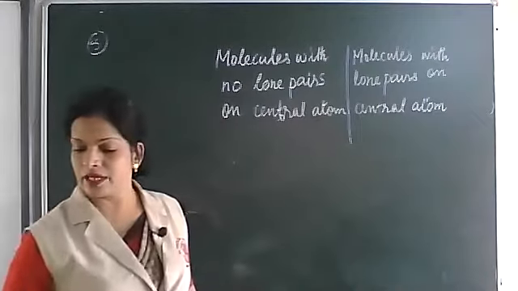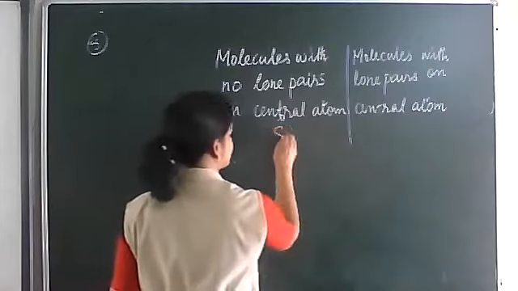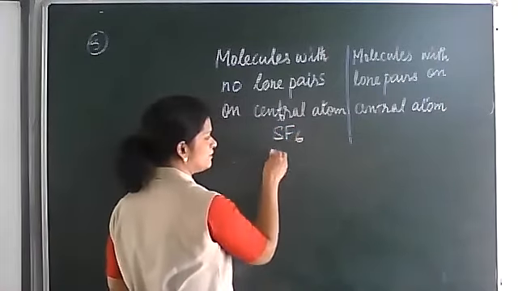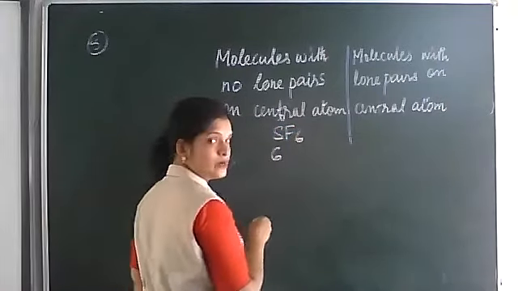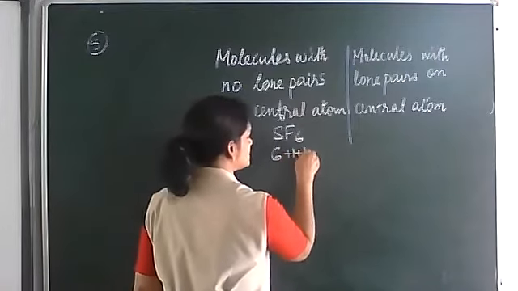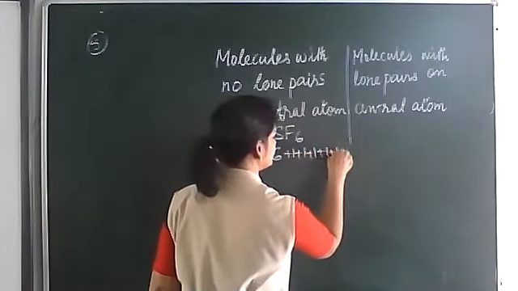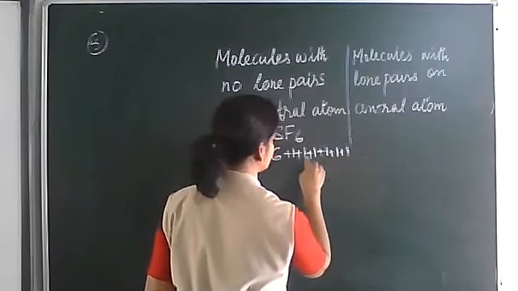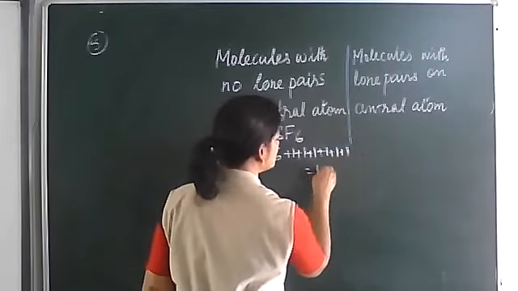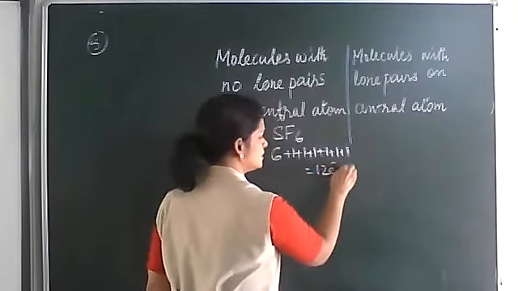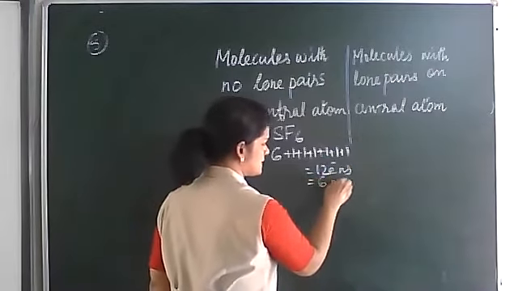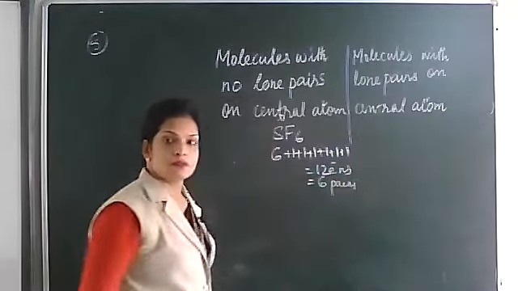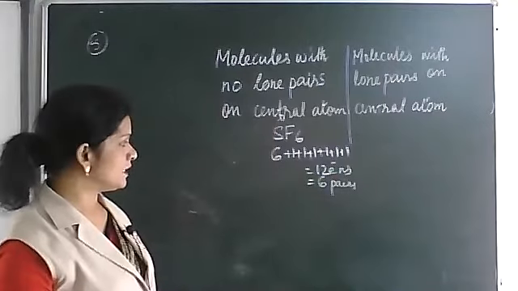Next example without any lone pair is SF6, sulfur. 6 electrons in the outermost shell, plus 1, plus 1, and so on. So altogether 12 electrons. 12 electrons means 6 pairs. 6 pairs are arranged in what way?